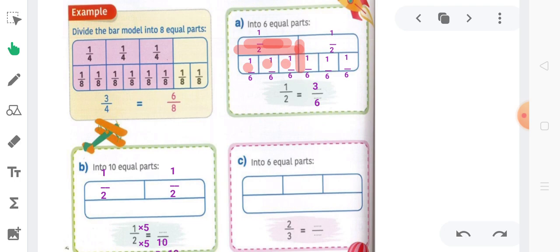So each half we will cut into 5 equal parts. Okay, 1, 2, 3, 4, and 5. This is 1, 2, 3, 4, and 5. Each part includes 1/10.